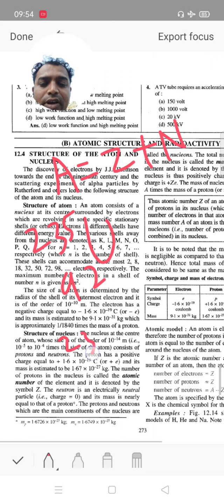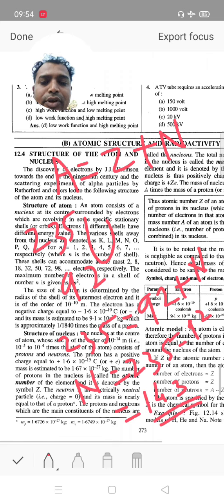So 235 minus 92 is equal to 143. This is the number of neutrons present in uranium. We calculate the number of neutrons in any element by this formula, A is equal to Z plus N.